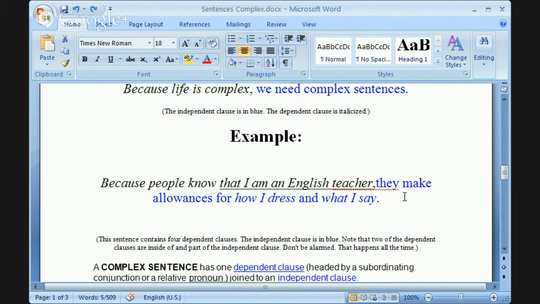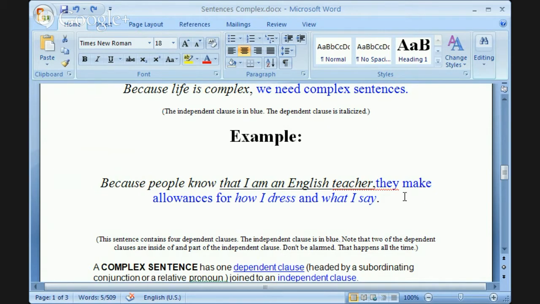"They make allowances" is actually what remains once I dissect or remove all the extra information, all the dependent clauses, they make allowances. All this garbage here: because people, English teacher, allowances, how dress, I want to say.